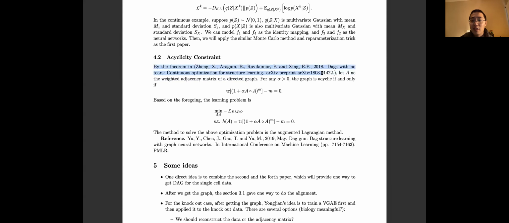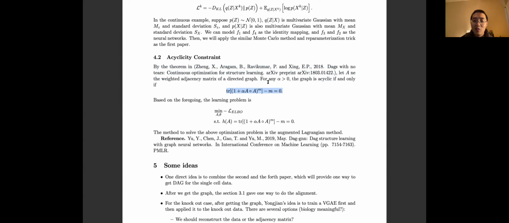That is from a theorem in another paper, a beautiful theorem which says: let A be the weighted adjacency matrix of a directed graph. Then the graph is acyclic, that is a DAG, if and only if it has this form. If A satisfies this condition, then A will be a DAG.